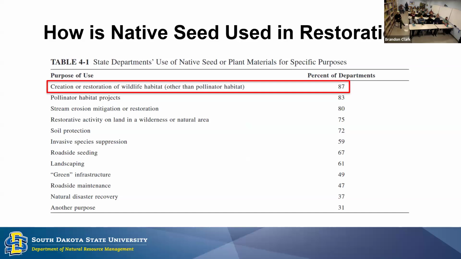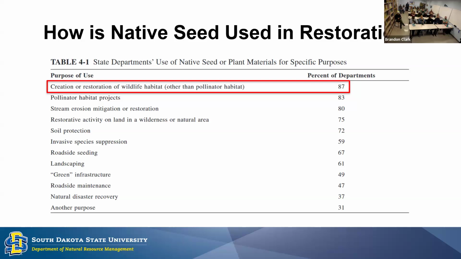And the National Academies did a big giant report on native seed and asked a bunch of survey questions and answered a lot of things about native seed. When they asked state departments what they're using native seed for, almost 90% of them are saying that it's going towards creation or restoration of wildlife habitat.